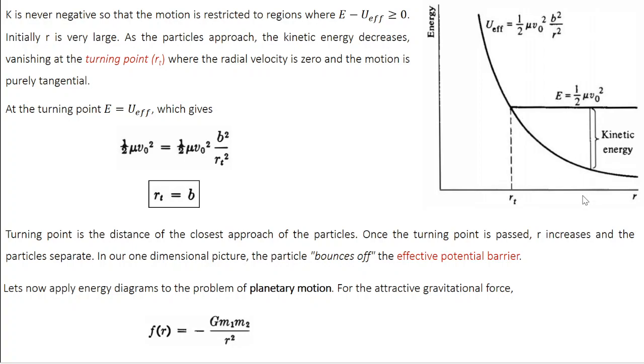So a constant function here is a straight line, right? So magnitude is constant. And kinetic energy is nothing but E minus U effective. So as I said, we are looking only at the region where E minus U effective is greater than 0, or total energy is greater than the effective potential energy.